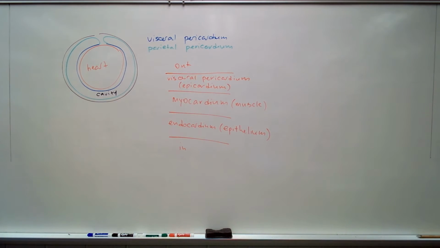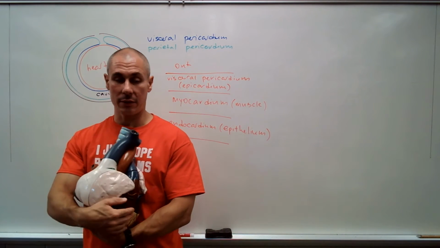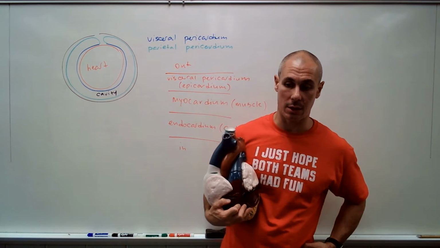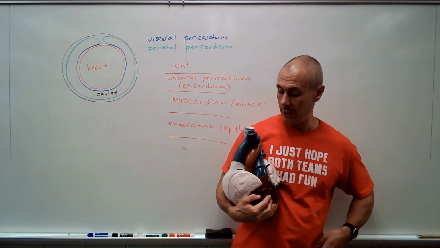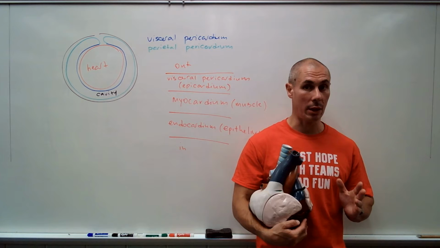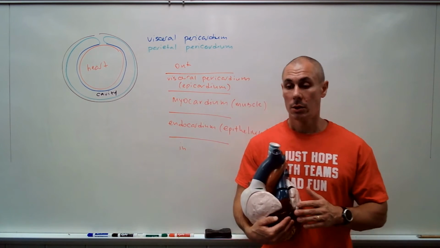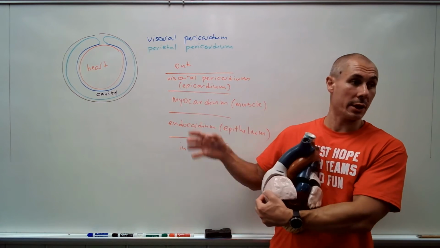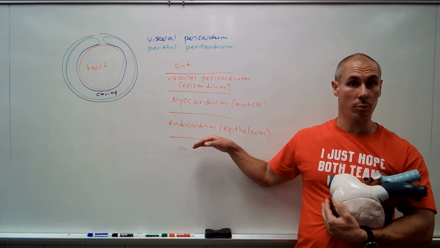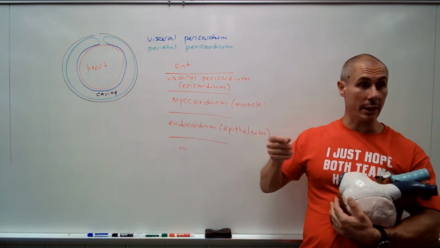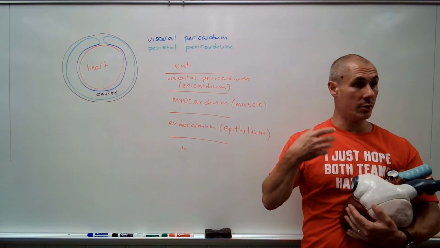So now the rest of the conversation, I'm going to be holding here. I will have the model to illustrate what I'm talking about. We good? I'm just checking that you can see. So first of all, these layers, of course, are not that proportional. The pericardium is pretty thin, endocardium is just 1 layer of cells.